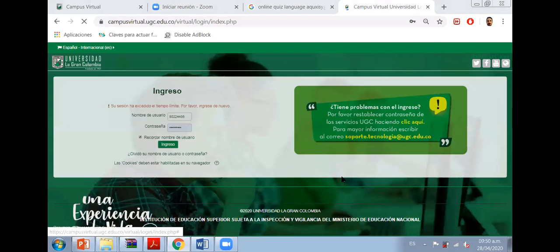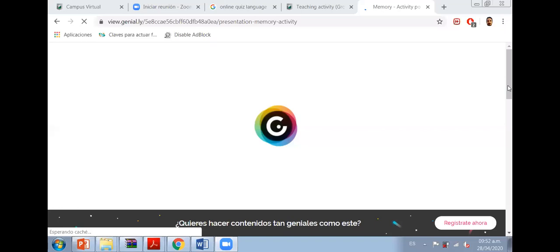So I chose the book Navigate from B2 level. So the population is intermediate English level.